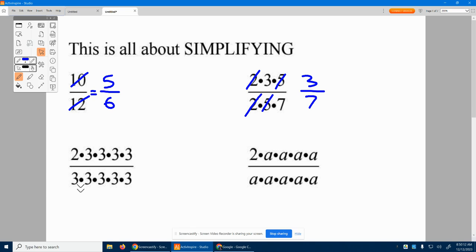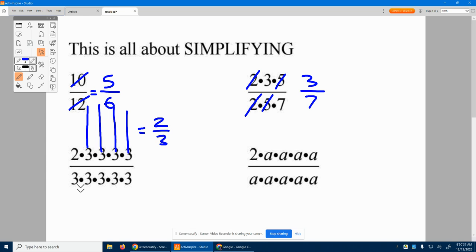What about here? We have a 2 times 3 times 3 times 3 times 3, and at the bottom we have a bunch of 3s. Well, you and I know 3 divided by 3 is 1, 1, 1, 1, and that's just the same as 2/3. Now, you will notice that these 3s, I just rewrote as A's over here.